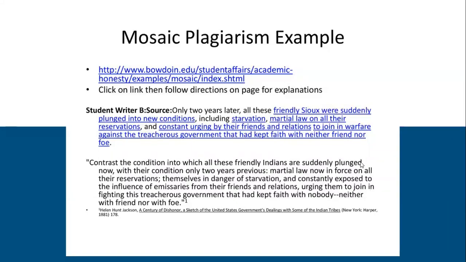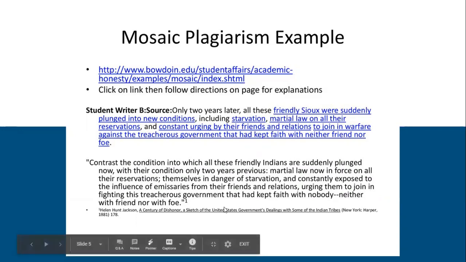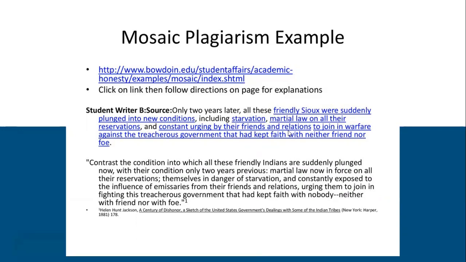Friendly Indians are suddenly plunged, and then we have conditions here, right? Starvation, martial law on all their reservations, that's also in the original source, right? So you can see, and then they haven't even tried really with this one. It's basically the same with a few differences here and there, right?